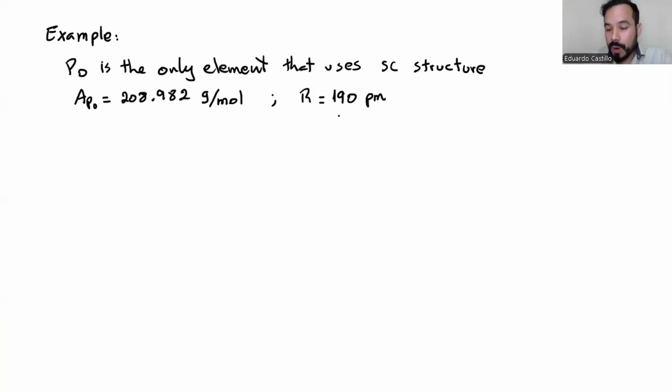So if the radius is 190 picometers, it means that this is 190 times 10 to the minus 12 meters. Here, the mass will be equal to the number of atoms times the atomic weight divided by the Avogadro's number.